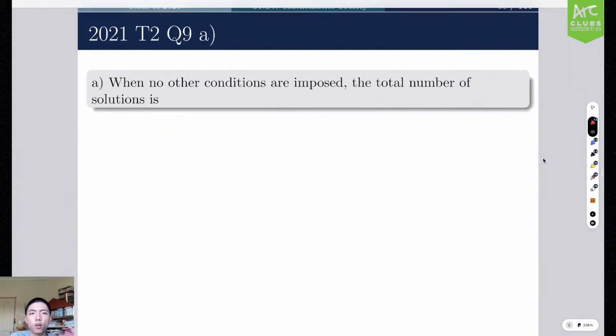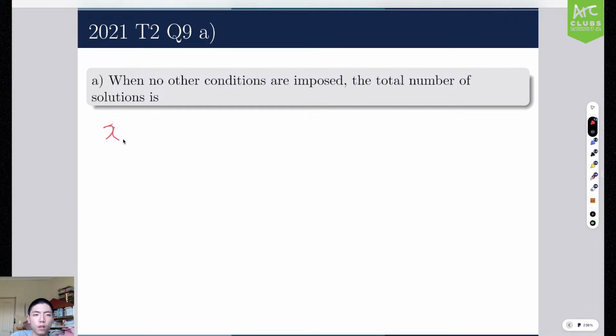So if there are no restrictions, so everybody is just non-negative, then how we would solve this is just like before with the stars and bars principle, right?